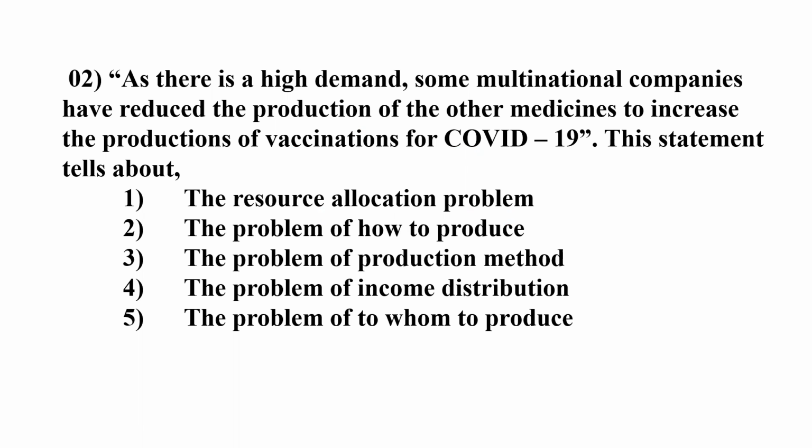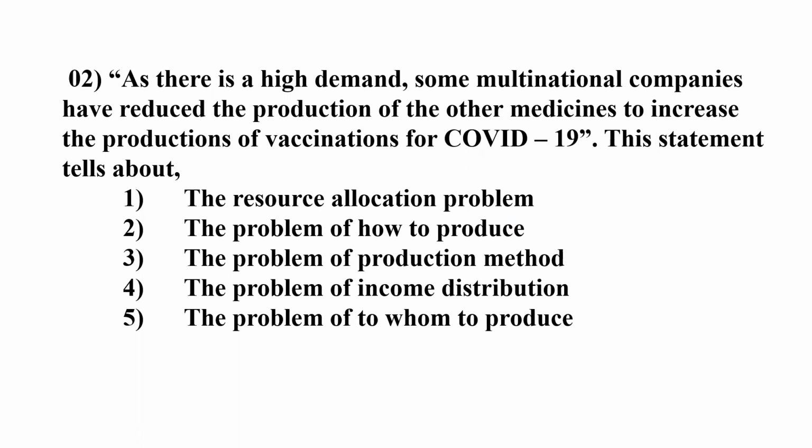Most of the companies were producing medicine. What they have done is they have increased production of vaccination for COVID-19. You would have heard a lot of brands came to Sri Lanka even, right? Pfizer, those things.